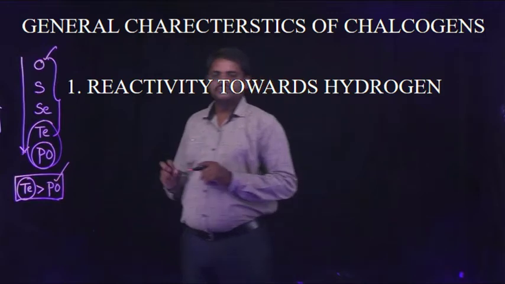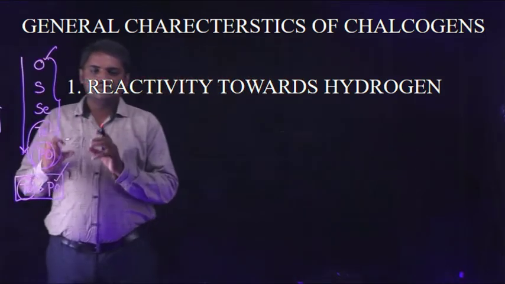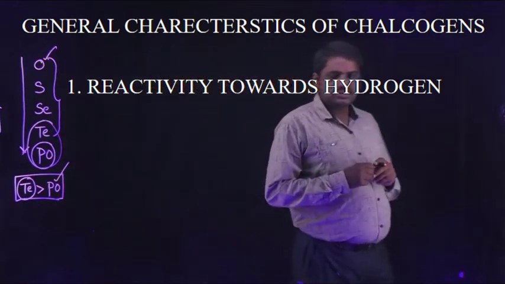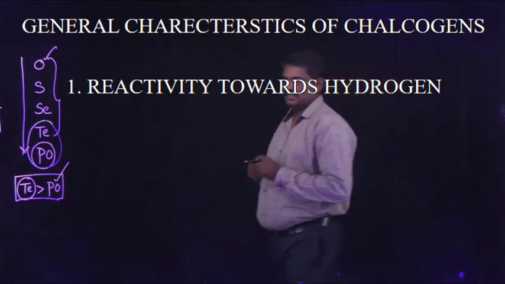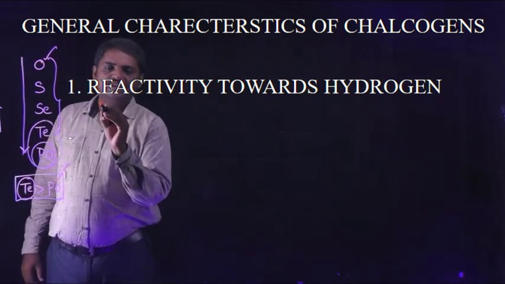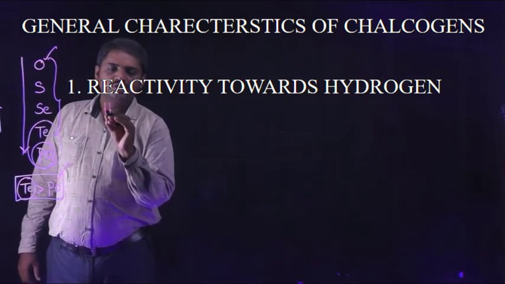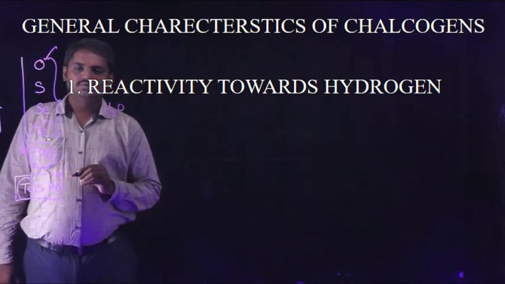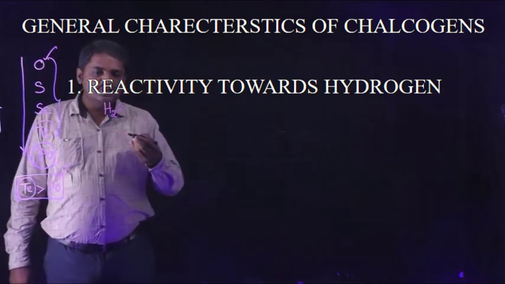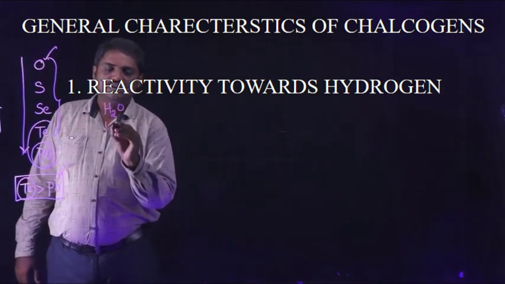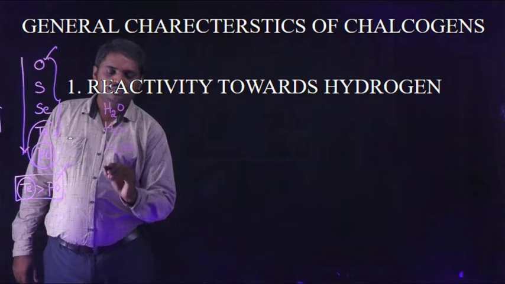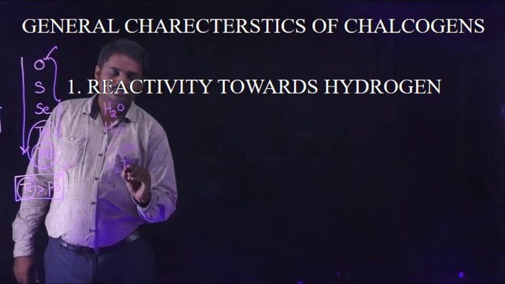Next, these 16th group elements react with hydrogen to produce related hydrides. For example, oxygen reacts with hydrogen to produce the H2O molecule, and the remaining elements react with hydrogen to produce related hydrides like H2S, H2Se, H2Te.